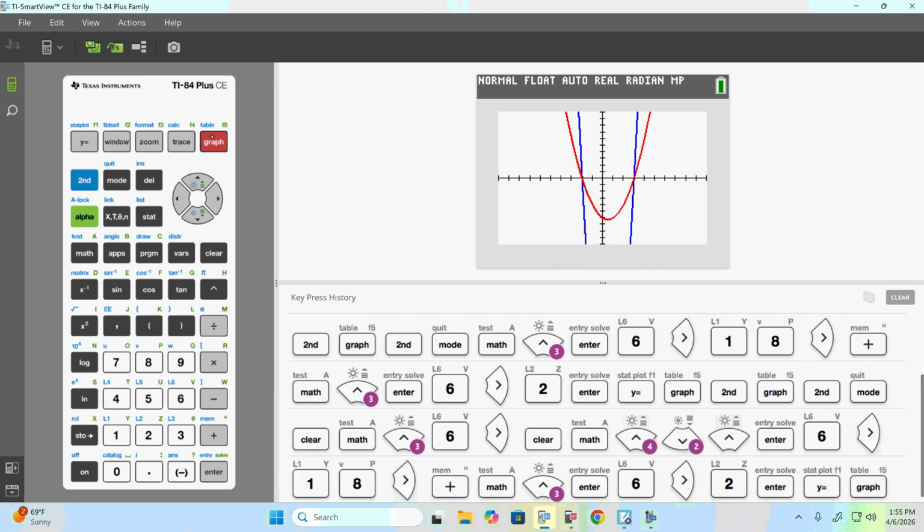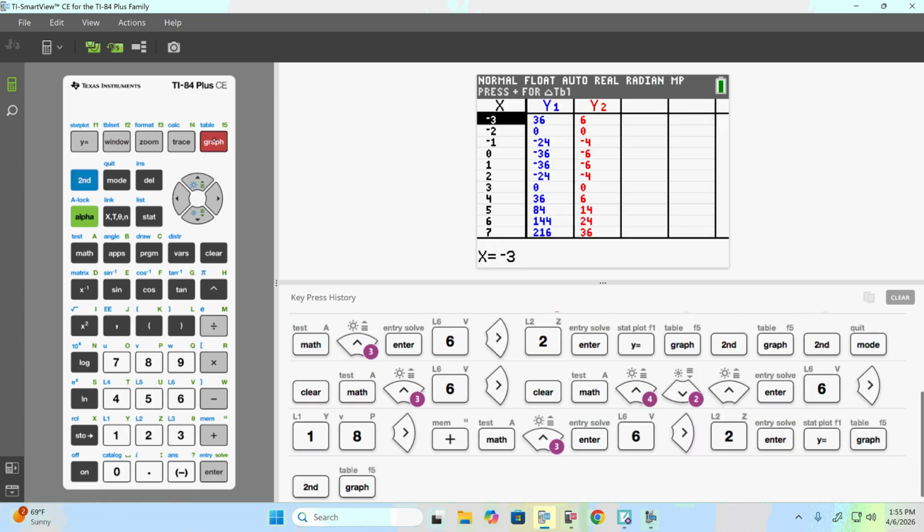Since we're solving, I don't care about any other part of the graph except the values of x that are going to make this function equal 0. And because x squared minus x minus 6 has the exact same zeros as 6x squared minus 6x minus 36, we can get rid of it. The graphing calculator tells us that the 2 values we're looking for are negative 2 and 3.